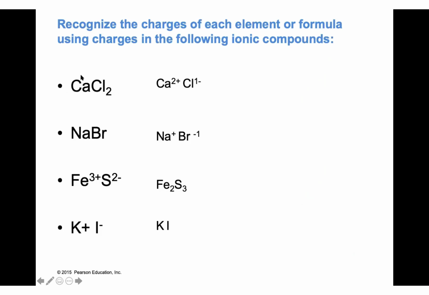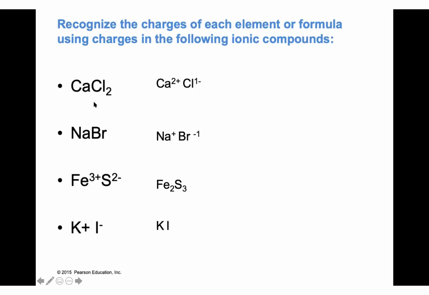So there are two ways to find the charge of calcium: one from the subscript of chlorine, and one because calcium is from group 2A, which is 2 plus. Also, the subscript of calcium is 1, so the charge of chlorine would be -1, or 1 negative. And we also know that group 7A always has a -1 charge.